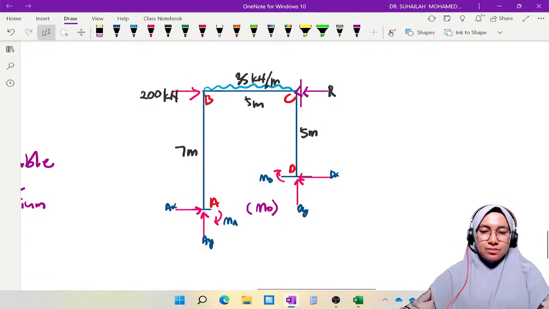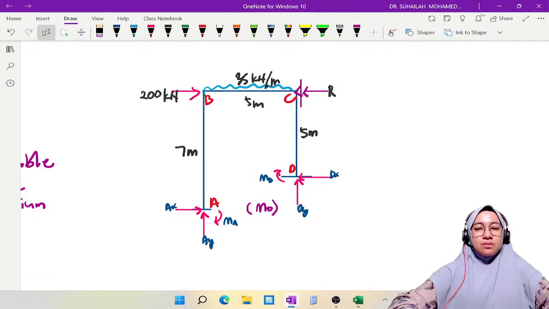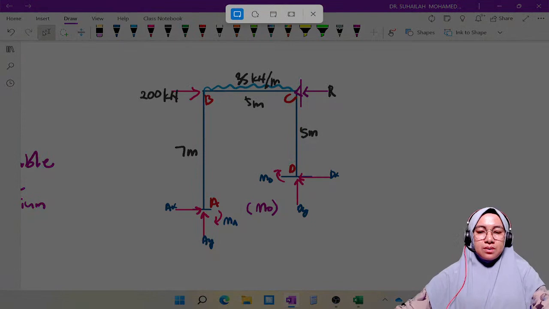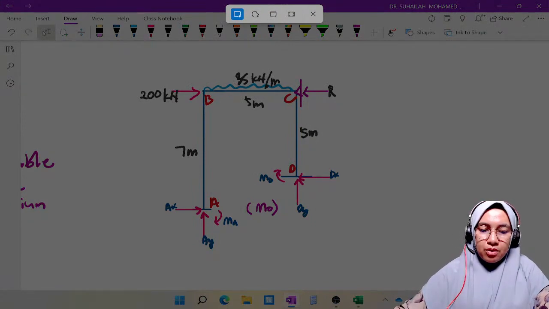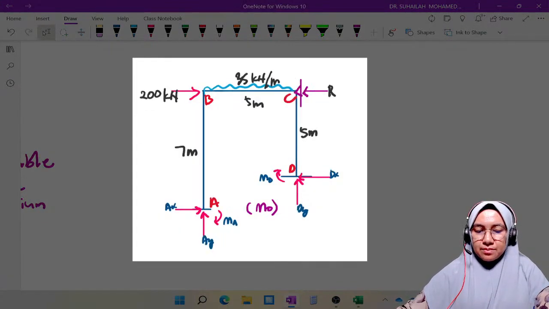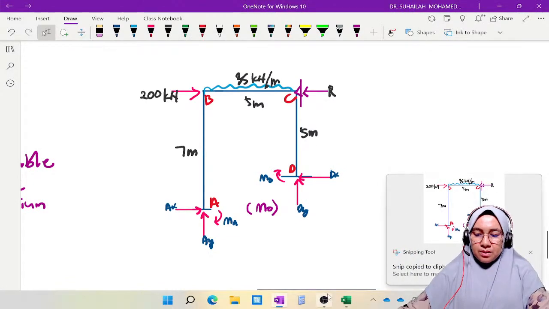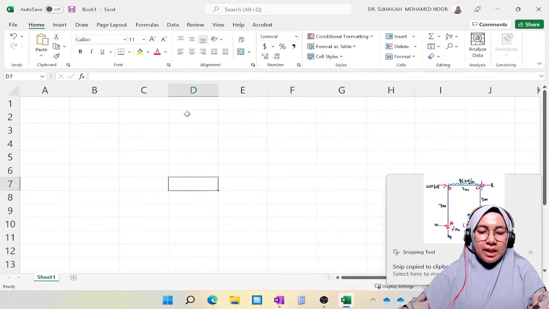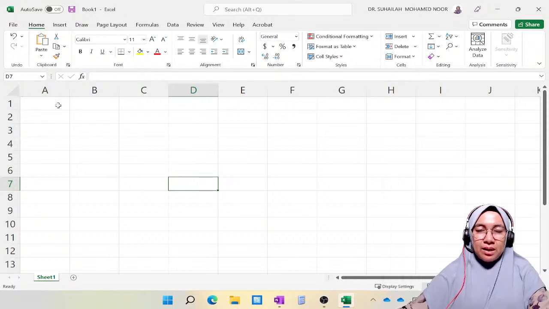So copy this first, because I will continue to calculate the end moment using Excel.